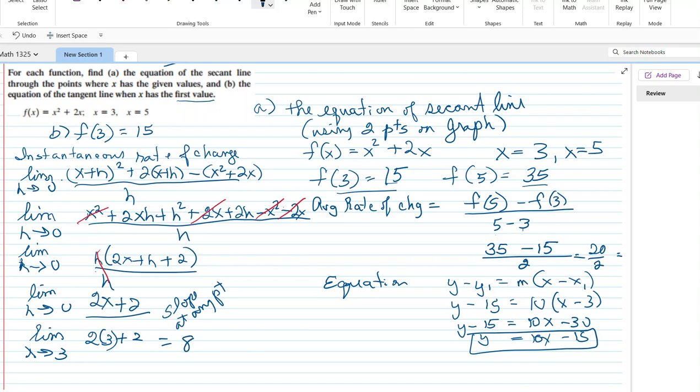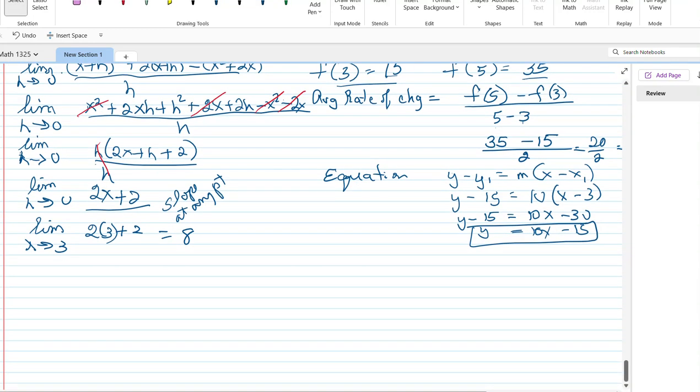Now we notice the change between the slope of the secant line and the slope of the instantaneous rate of change, because we're talking about 3. And we saw the difference already.